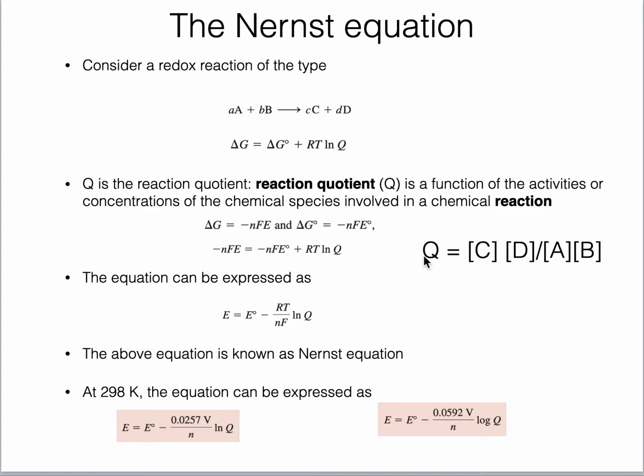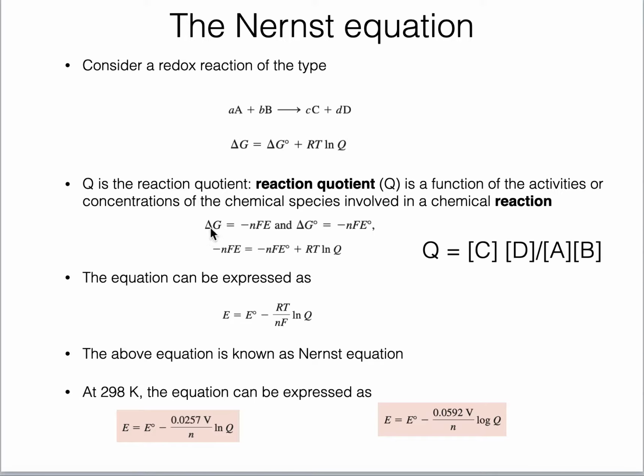The formula of Q is that we multiply the concentrations of C and D, which are the products, divided by concentrations of A and B, which are reactants. So the ratio of products to reactants is known as the reaction quotient, and depends upon the activities or concentrations of different reactants and products involved in this chemical reaction.